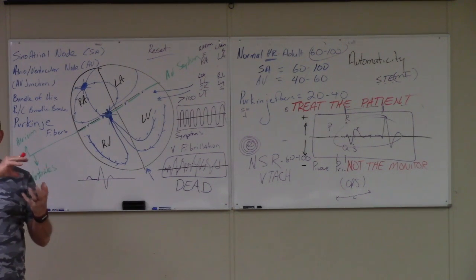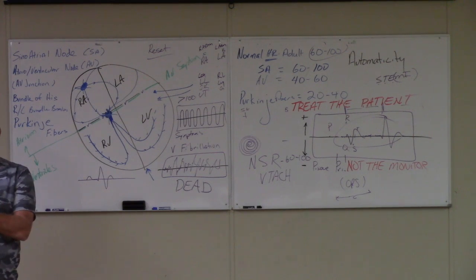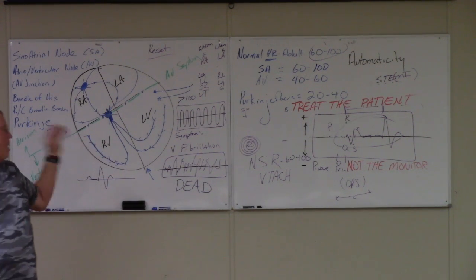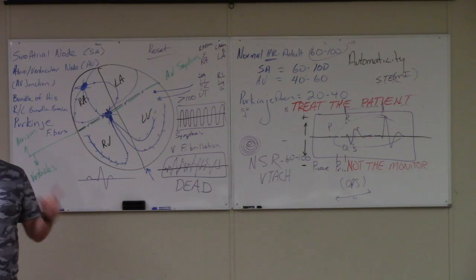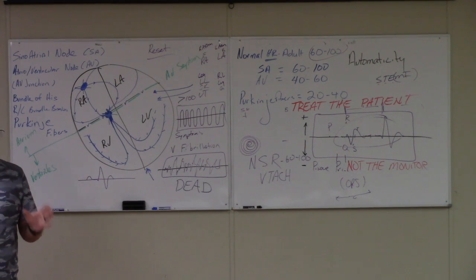I can have the electrical charge going through the heart just like it's supposed to, but if there's a mechanical problem because of ischemia, it may not be contracting. But if I look at the monitor, it shows I've got a pulse. If I say, hey, I've got a great pulse, my person's dead. Always, always, always check a pulse. Treat the patient, not the monitor.